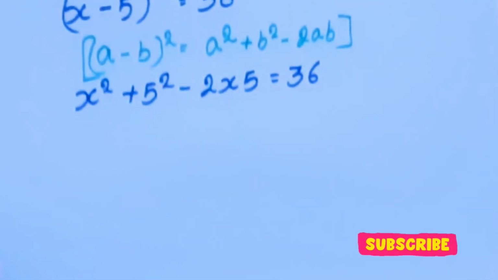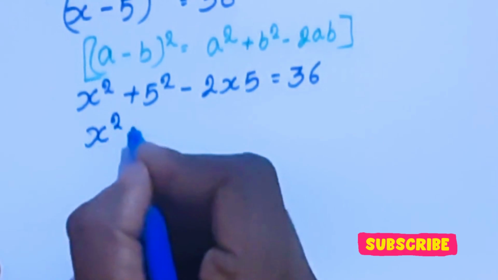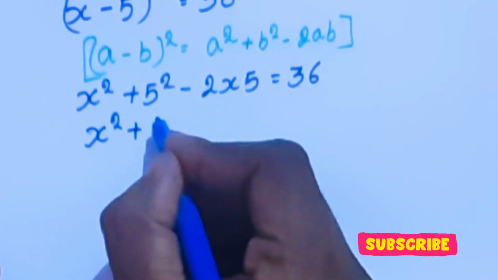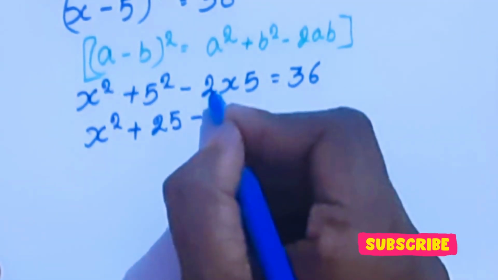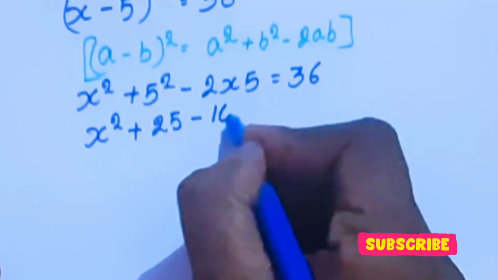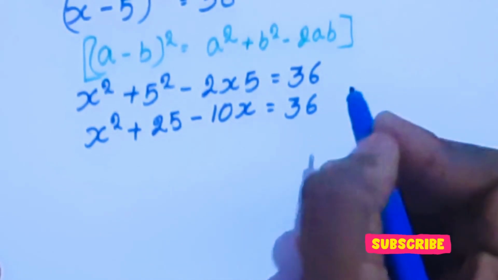36. Now x square plus 5 square is 25, minus 2 times 5 is 10x, equal to 36.